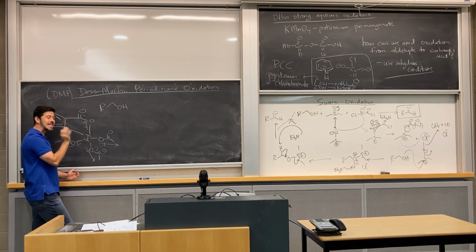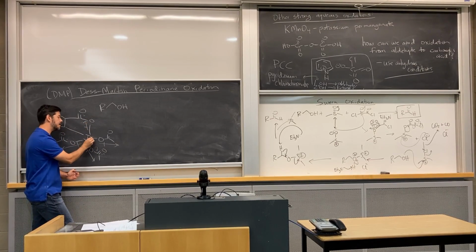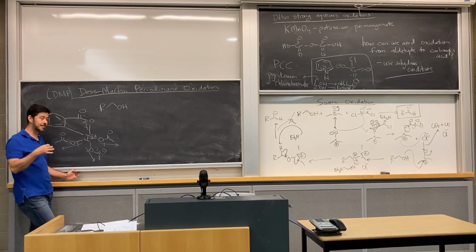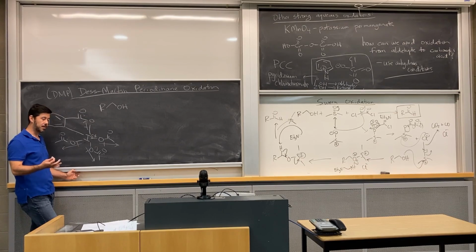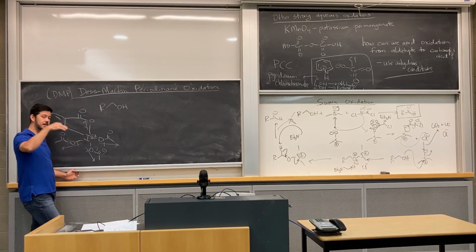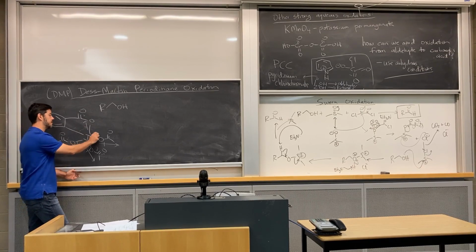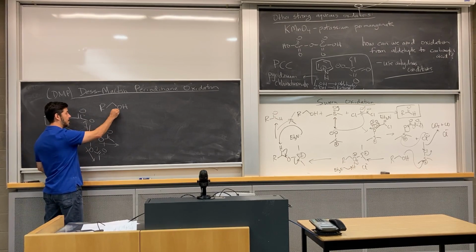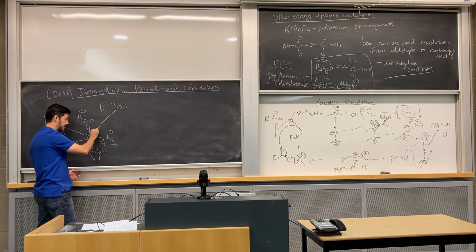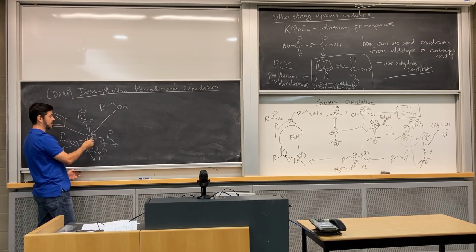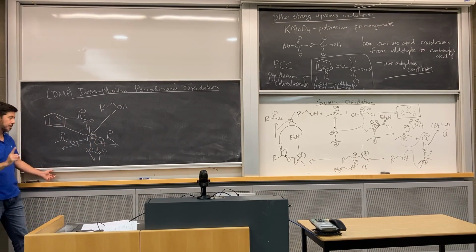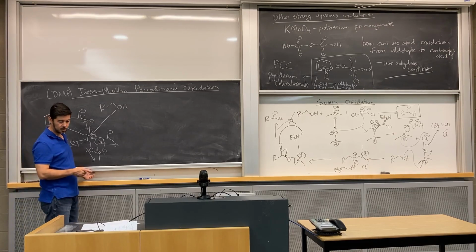So therefore, this iodine has this partial positive character to it, meaning that it's a pretty good electrophile. And recall that iodine is low in group 7, so it's actually a pretty big atom. So what happens is that you have your nucleophile, and it's going to react at the iodine, and then you're going to kick off one of these acetate leaving groups. So let's take a look at what that's going to look like.